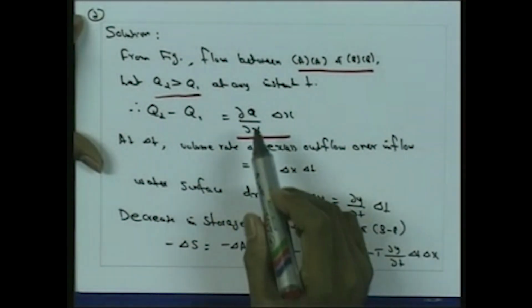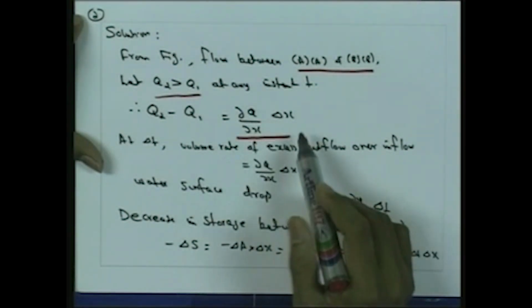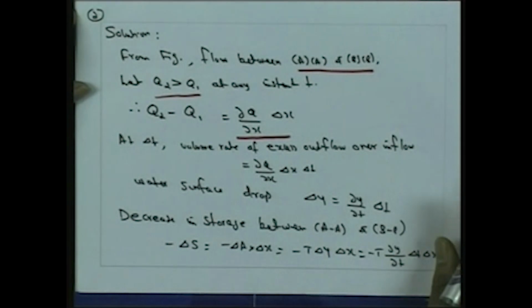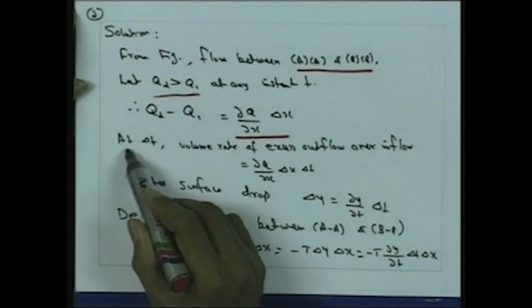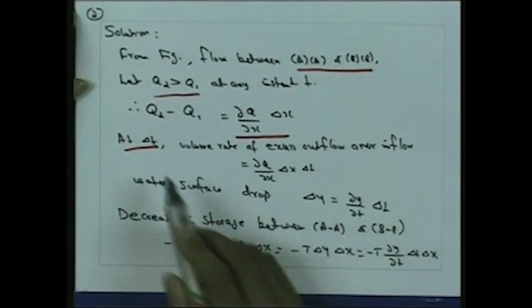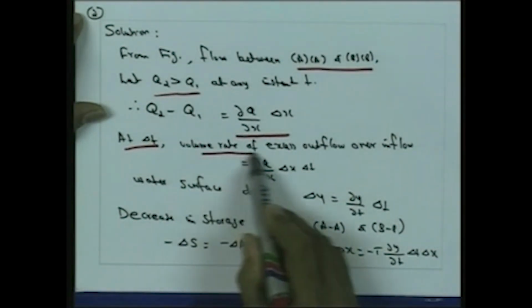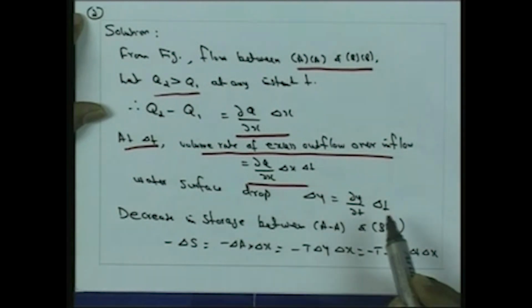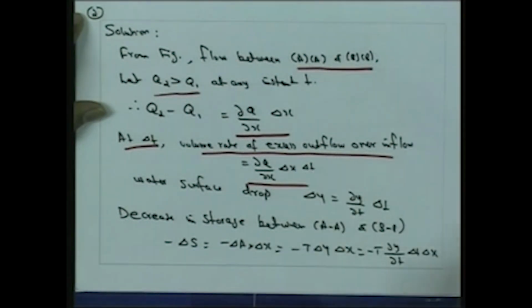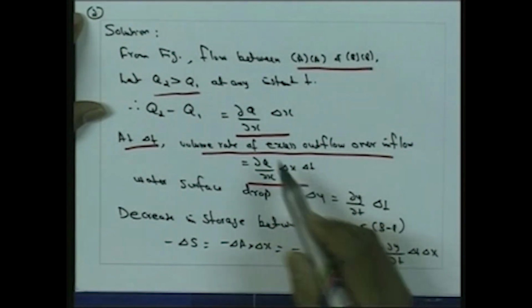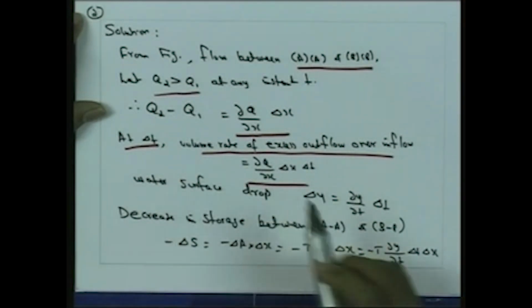So Q2 minus Q1 is equal to del Q by del x into delta x. So we are considering now a time step delta t. So at delta t, the volume rate of excess outflow over inflow can be represented as del q by del x into delta x into delta t. So delta t is a time step and delta x is the distance between sections AA and BB.